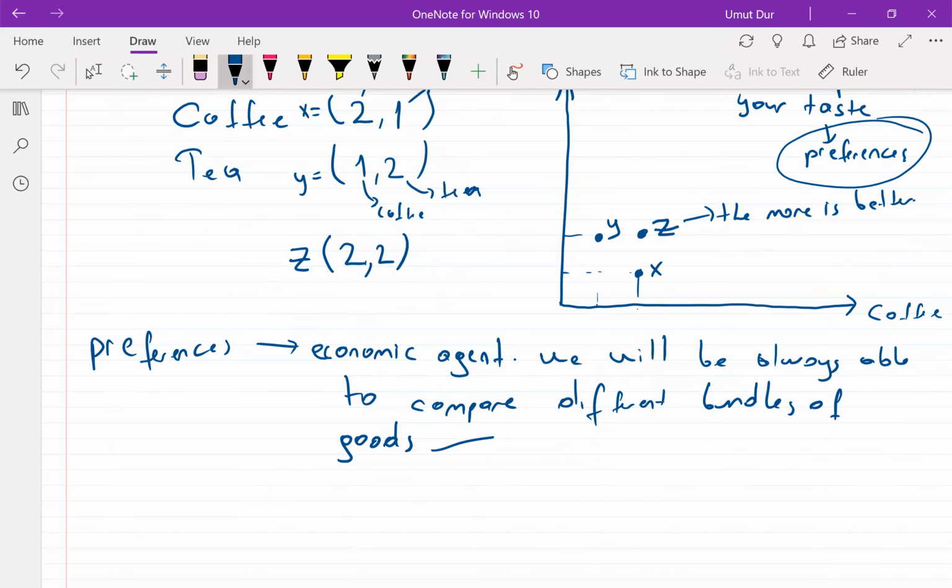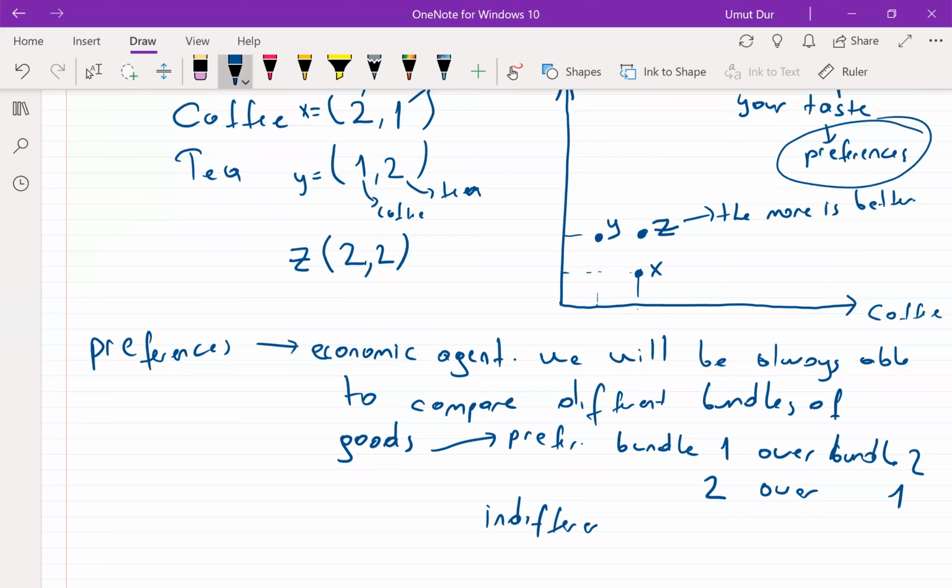We may prefer bundle 1 over bundle 2, whatever the bundles, I don't care right now. Or we may prefer bundle 2 over bundle 1, or we may be just indifferent. So it is allowed.